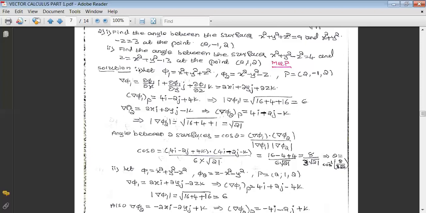Now let us compute del phi 2. Partial derivative of phi with respect to x is 2x into i, with respect to y that is plus 2y into j, minus, okay, with respect to z is 1, that is k. Once you take x equals 2, that becomes 4i.